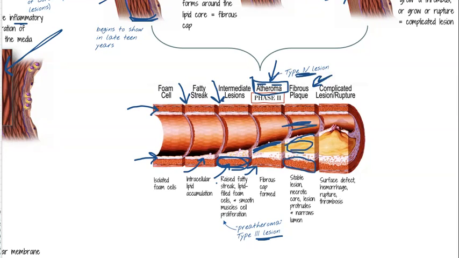It's stable like that. And then we get to that complicated lesion part, which is where, and you can kind of see it here, either a thrombus grows, you may have some kind of hemorrhage, and or rupture at that point.